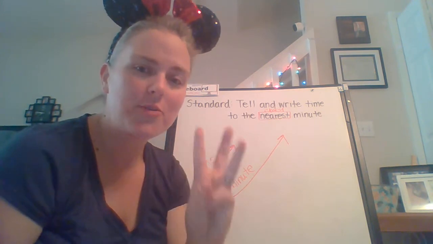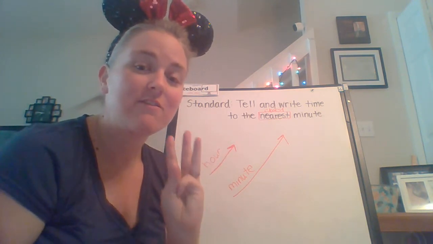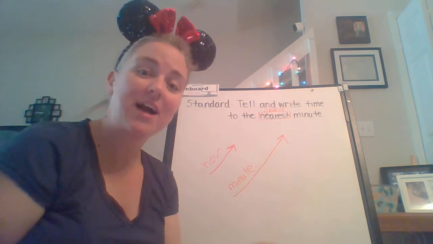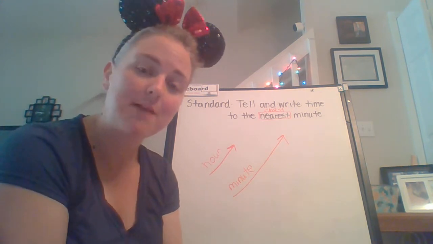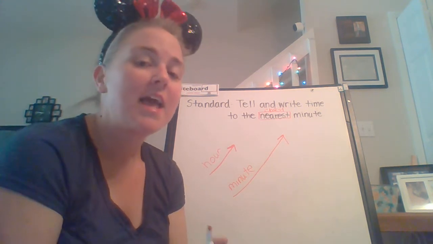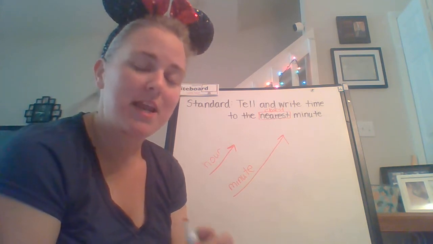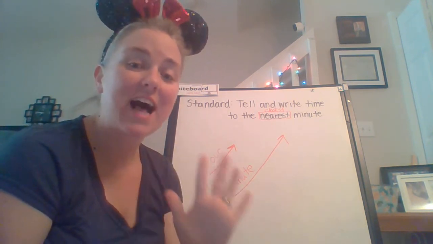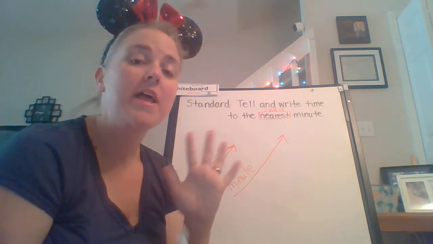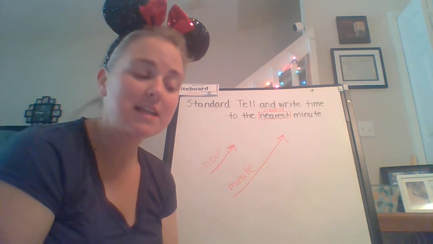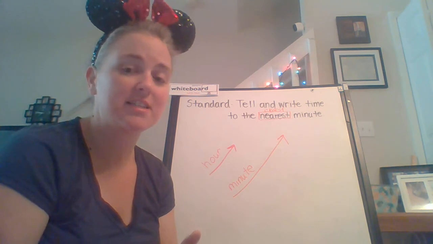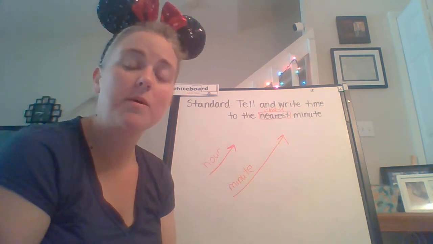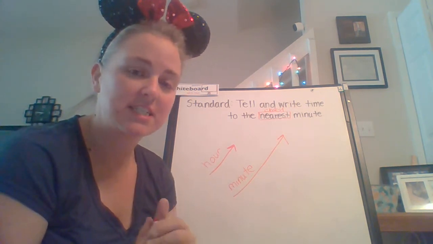Task 3 is going to be Envisions practice, where you get to practice telling time to the nearest minute and writing time to the nearest minute. And then task 4 and task 5 are assigned iReady lessons. So it's very important that you get at least a 70% on these iReady lessons because this is going to show me that you understand how to do this.